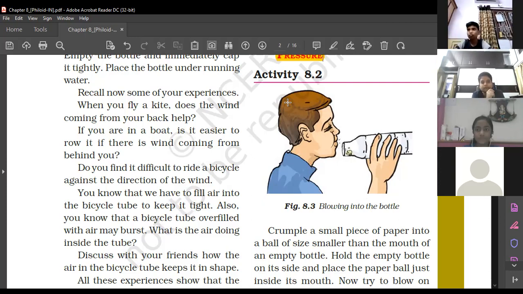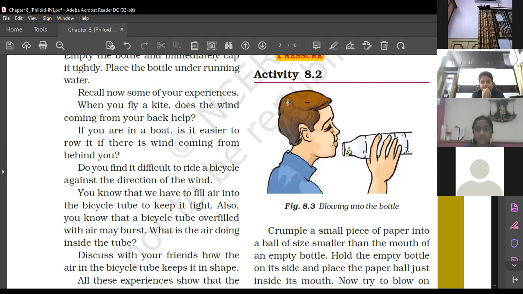The wind speed will be low, so air pressure will be high. Understanding the difference? Yes, sir. Due to the difference in pressure, the small piece of paper will not move into the bottom of the bottle. It will always stay near the mouth of the bottle itself.